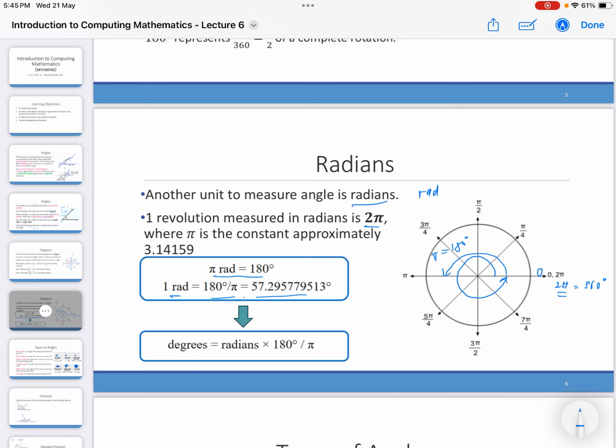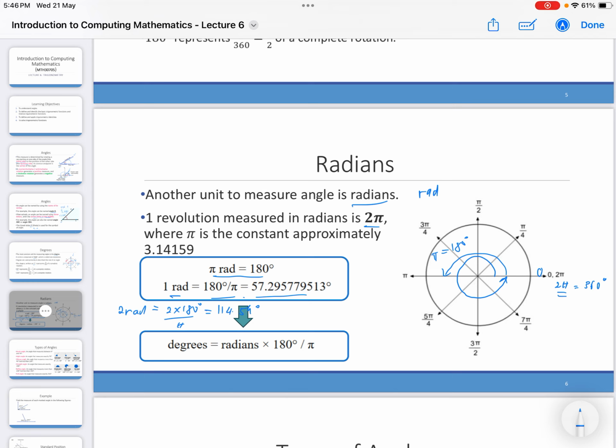So 1 radian is equivalent to 57.2957 degrees. Okay, and then let's say we have 2 radians. So 2 radians will be equal to 2 times 180 degrees divided by pi, and this one we get 114.59 degrees.